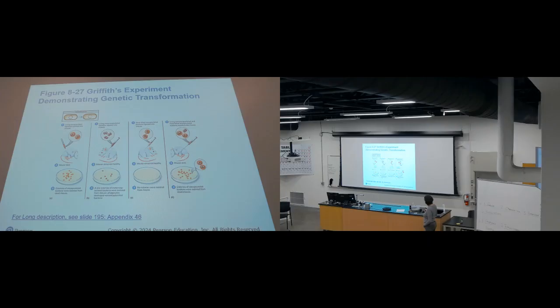And then when this mouse died, they cultured the blood in this Petri plate, and the colonies looked like this one, meaning that the DNA from this heat-killed encapsulated bacteria wasn't destroyed by the heat killing, and then these non-encapsulated bacteria got this DNA, got transformed, and then this DNA coded for the capsule, and then this bacteria, which is more aggressive than the non-encapsulated, made this mouse die.